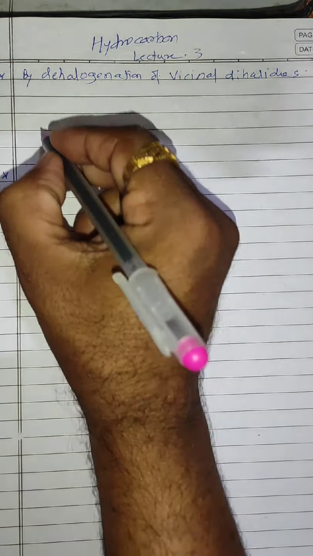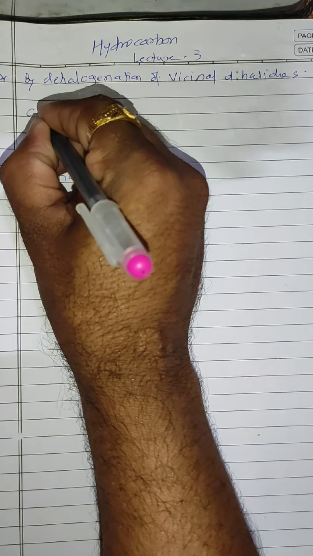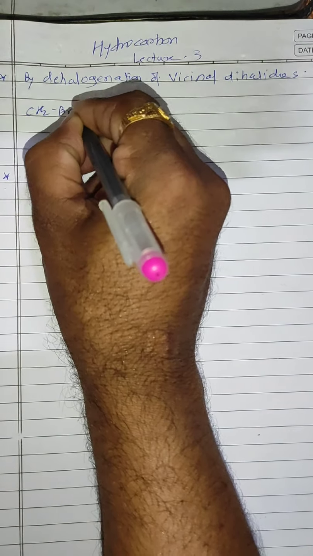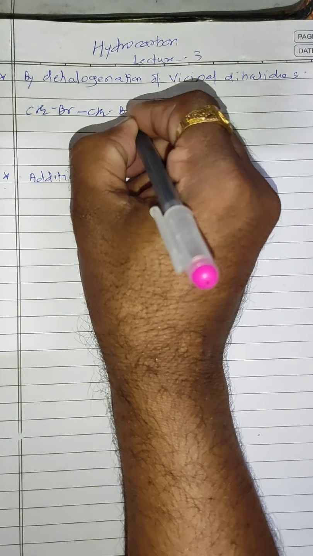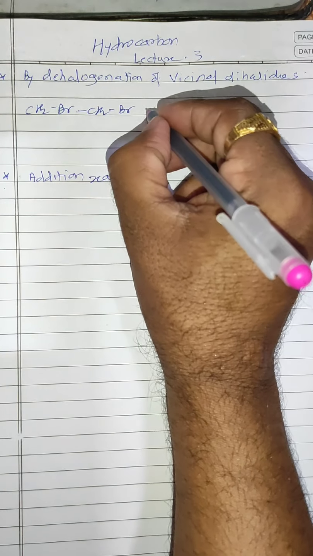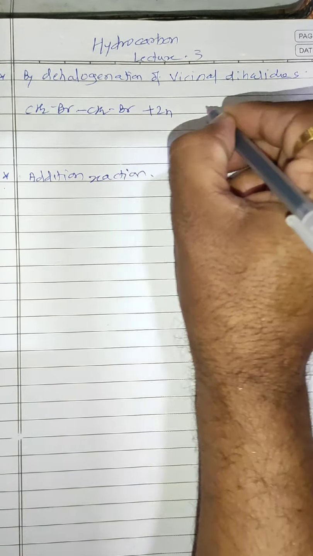Now, vicinal dihalide on heating with zinc metal forms an alkene. So, in this case, reaction: CH2Br, then CH2Br, this ethylene dibromide, is treated with zinc metal.